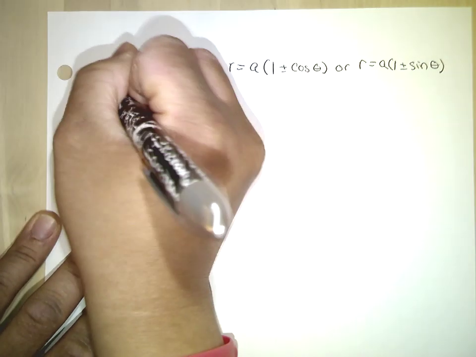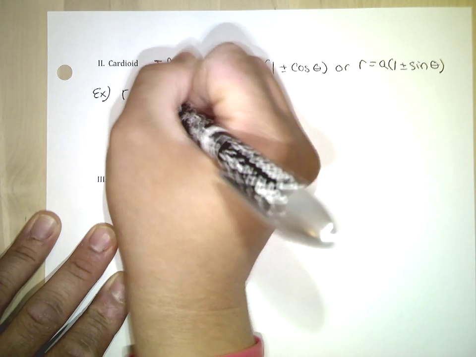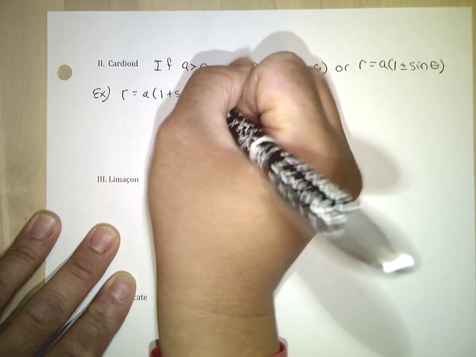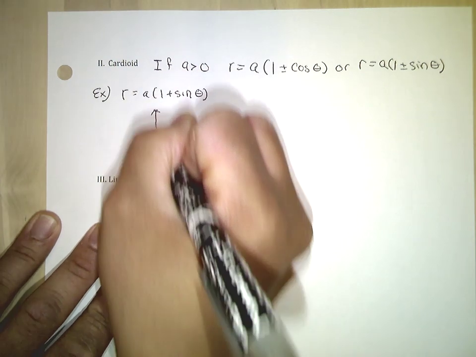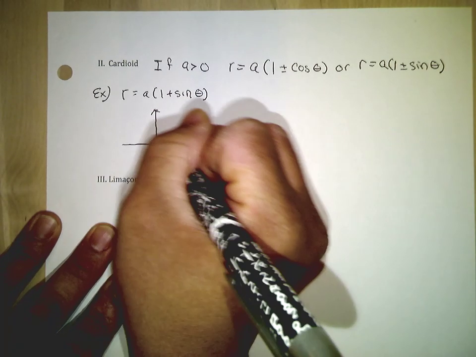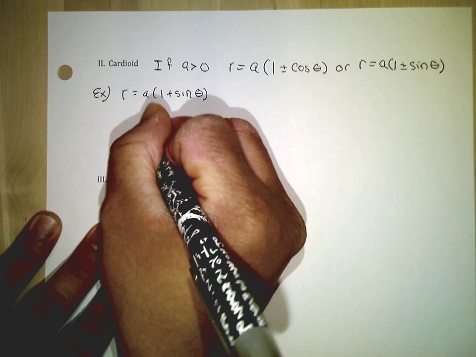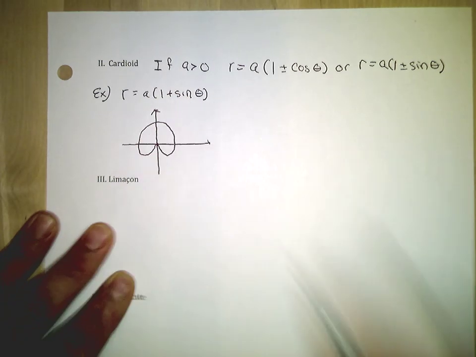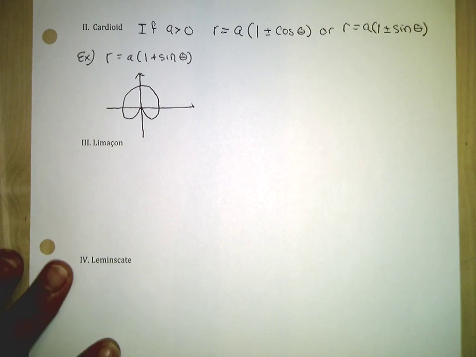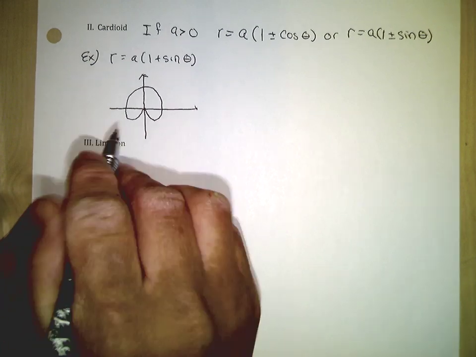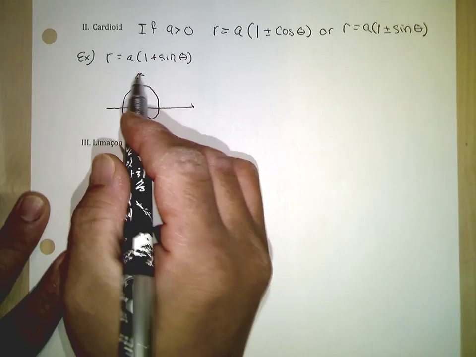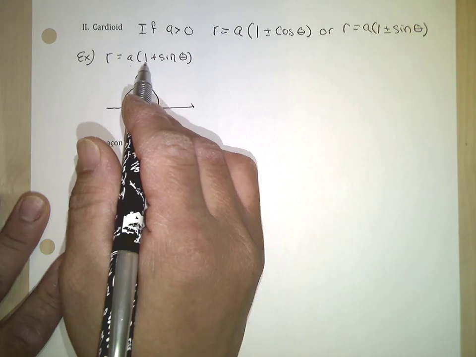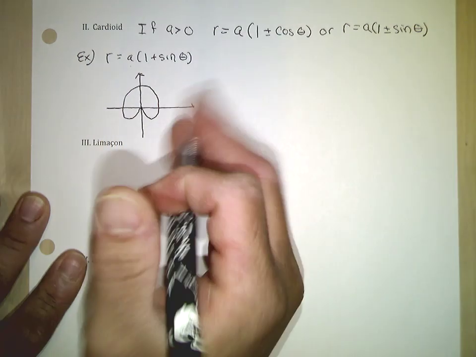So let's just do one example here. r is a times 1 plus sine of theta. Then this particular cardioid would look like this. You can probably see why it might be called a cardioid, and that's what a cardioid of the form a times 1 plus sine of theta would look like.